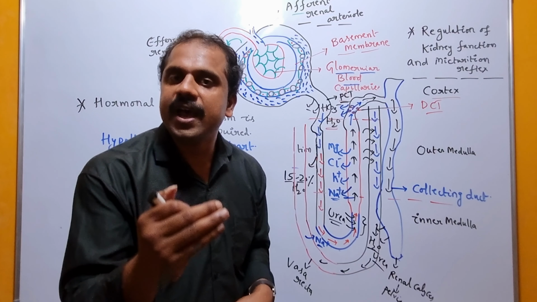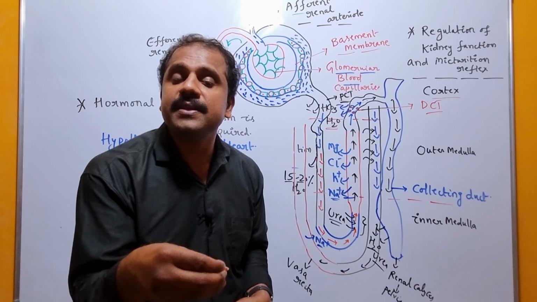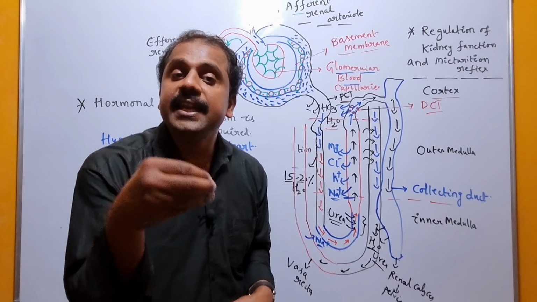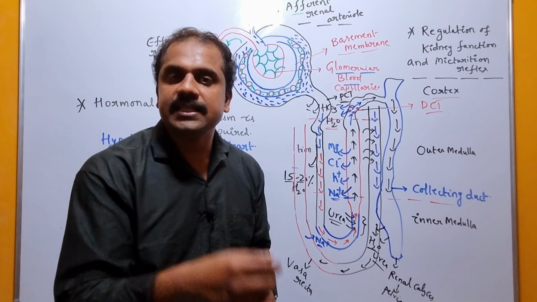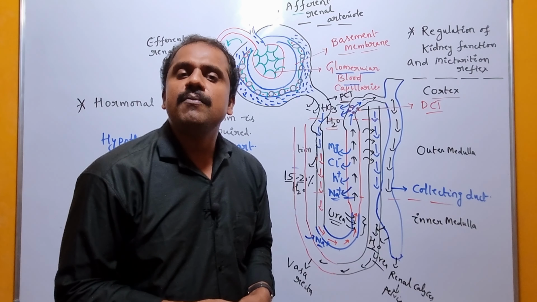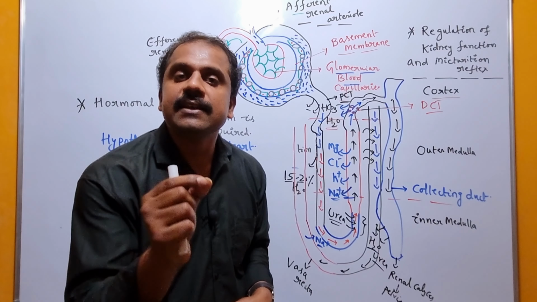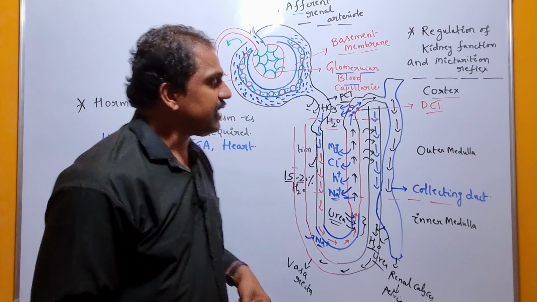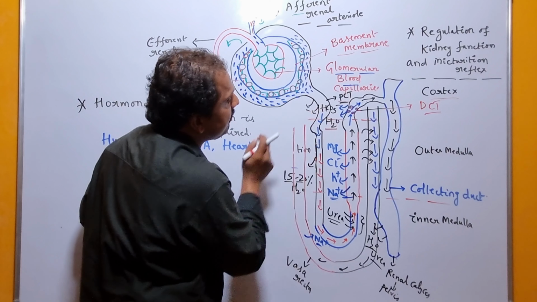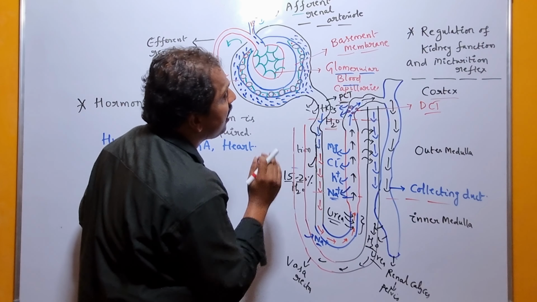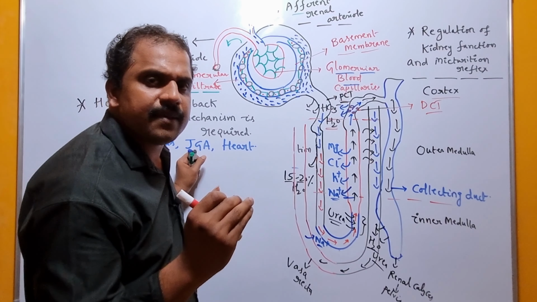The posterior pituitary is responsible for secreting a specific hormone which is nothing but vasopressin or antidiuretic hormone. Now vasopressin is responsible for regulating the water reabsorption in the distal convoluted tubule. Most of the time the water reabsorption is observed only in the proximal convoluted tubule, and this water reabsorption in the proximal convoluted tubule is termed obligatory water reabsorption.